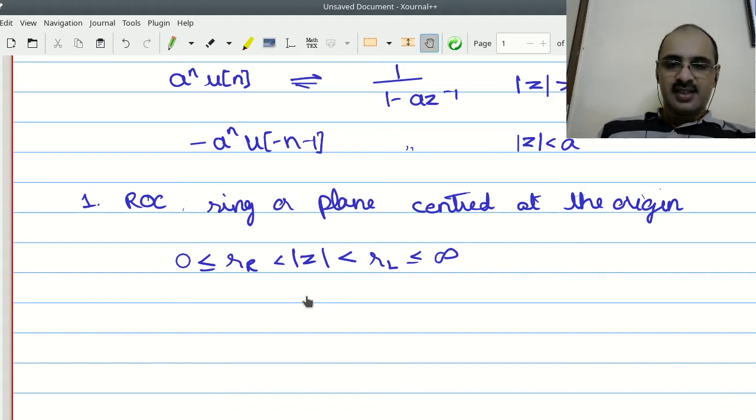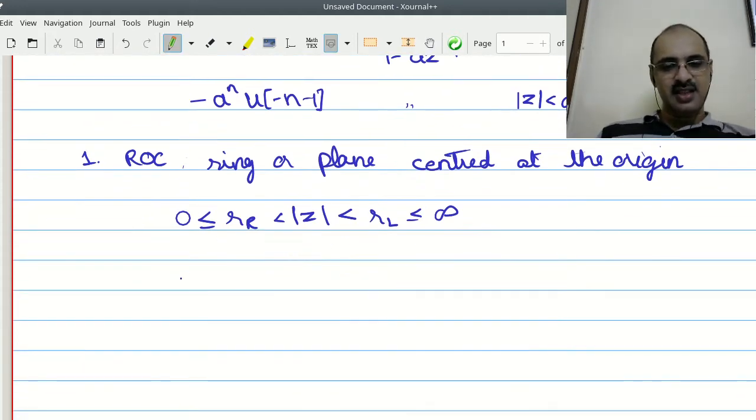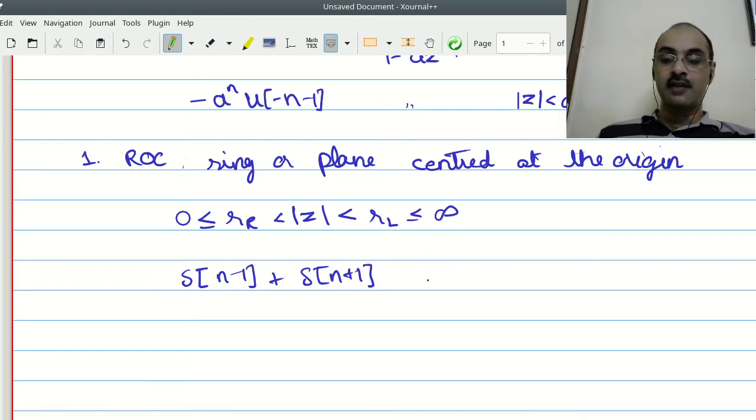So now let's just take some simple examples. Let's say we have delta of n minus 1 plus delta of n plus 1. Okay, let's find the ROC of this. This is a finite impulse response sequence, and the Z transform is z plus z inverse.